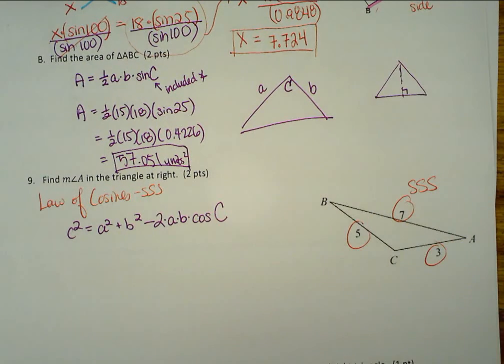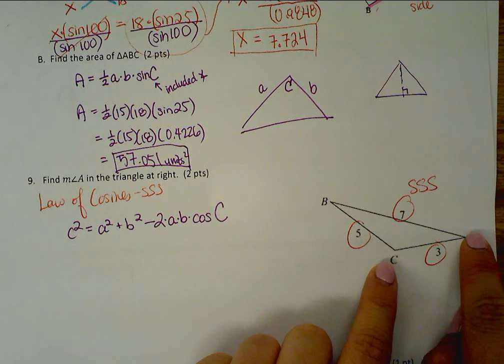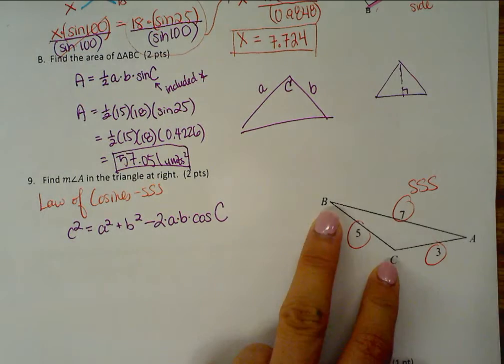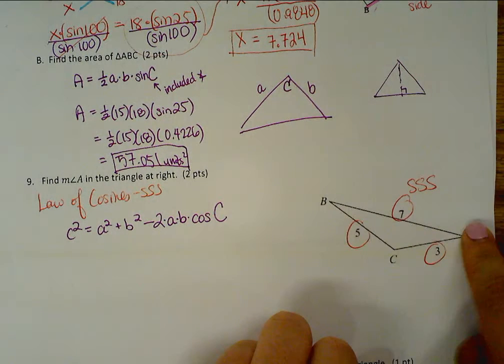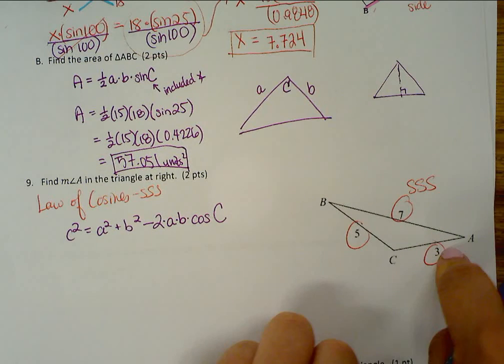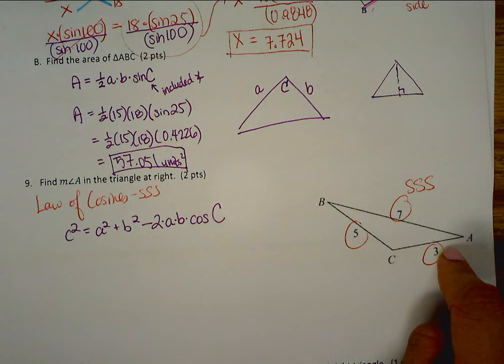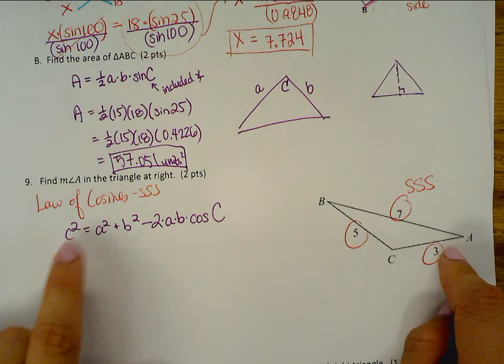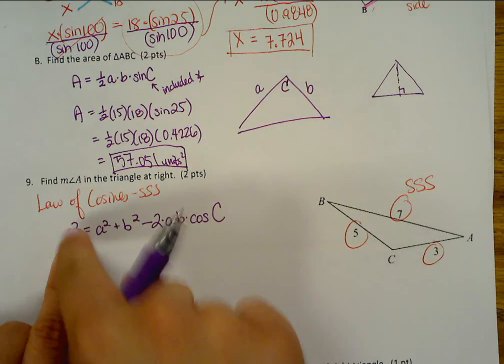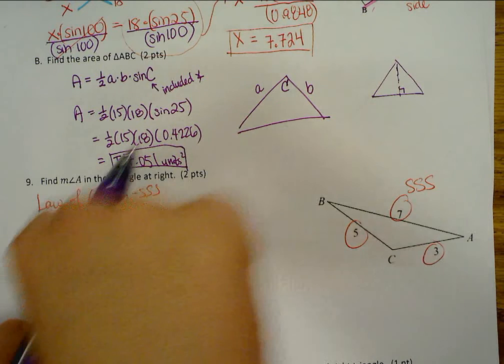You guys, it doesn't matter who's A, B, and C, okay? I could call this ABC, I could call this ABC, I could call this ABC, it doesn't matter, okay? What is important is that whatever this side is has the angle across from that angle. You see what I'm saying?